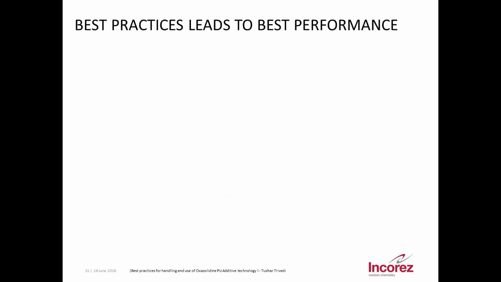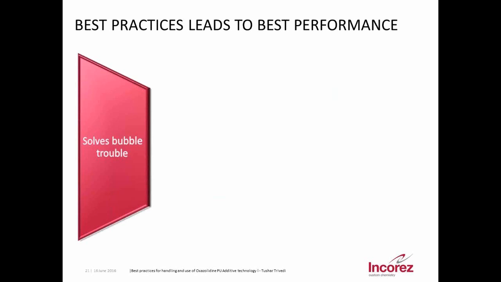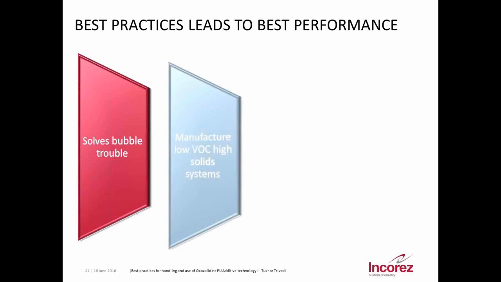So what best performance would you achieve? As it says, best practices lead to best performance. First of all, particularly in one component and two component systems, you will achieve an excellent film with no gassing, no problems or defects. So you will resolve your bubble trouble. You will get rid of all the carbon dioxide gassing, and you will achieve a very good film.